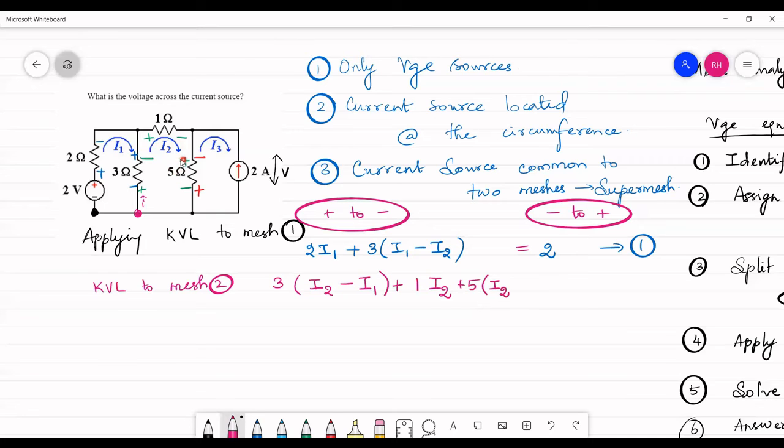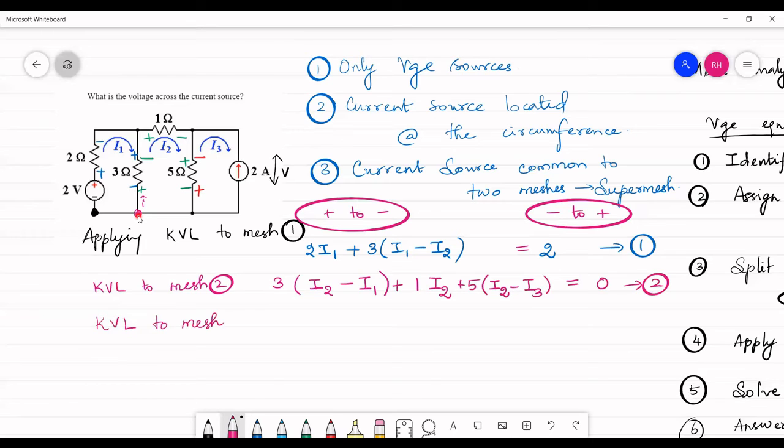You have one more current, right? What is the other current? It is I3, in the opposite direction. So 5 into I2 minus I3. Okay, so I have completed my rotation. I didn't see any voltage that is from minus to plus, so across the equal to sign, I write 0. So this is the second equation, after simplifying.